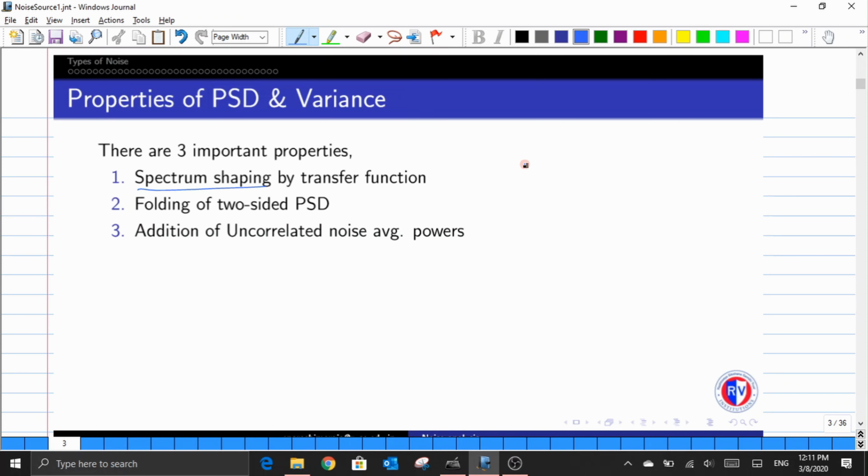When you consider an LTI system having a transfer function h of f, and the input to this system is denoted by x and the output is denoted by the signal y, then one could evaluate the output power spectral density as S sub y of f equal to the modulus of this transfer function squared times the input power spectral density of the signal x.